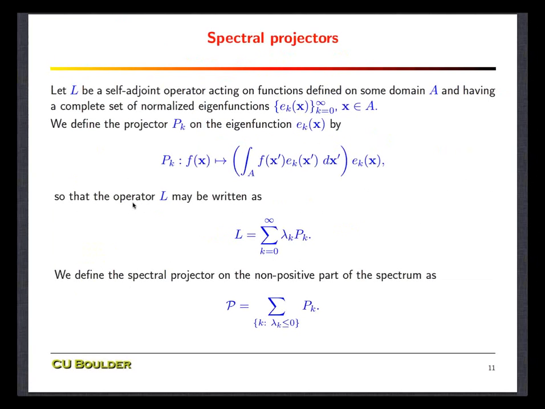So we introduce so-called spectral projectors. If you have eigenfunctions, then the operator can be written as a decomposition into these projectors. That's the so-called spectral theorem. And the spectral projector is simply the projection on the space of eigenfunctions corresponding to some criteria, which in this case is negative eigenvalues.